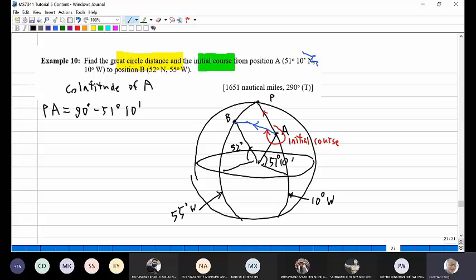So the distance from pole to equator is 90 degrees, defined here as PA. So it's 90 degrees minus 51 degrees 10 minutes, and this is 38 degrees 50 minutes. This is the co-latitude of A.